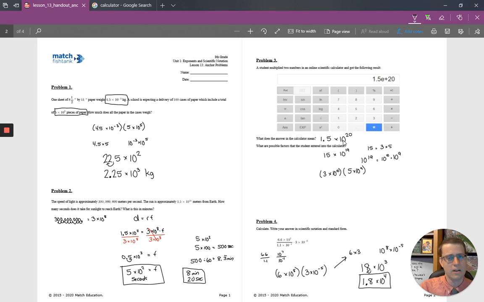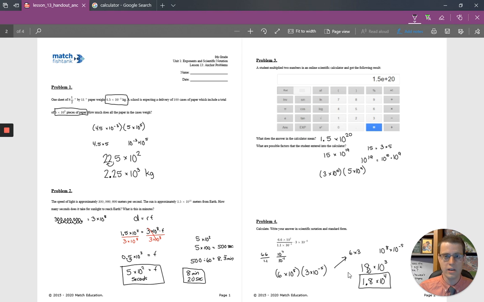The calculator problem was just there to expand our imagination and know what happens when you type in numbers and how that relates to scientific notation. And this last problem 4 breaks down our division and our multiplication and making sure our final answer is in scientific notation.